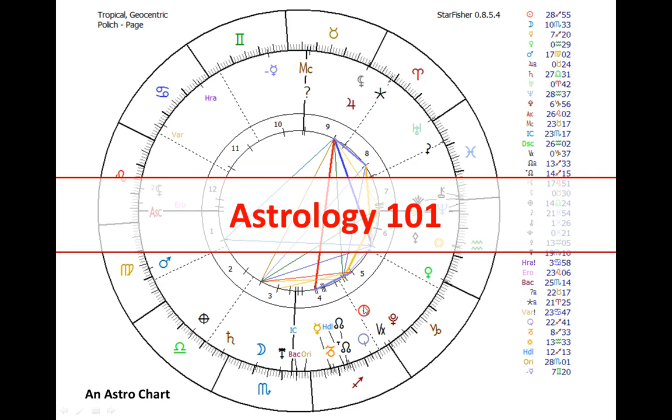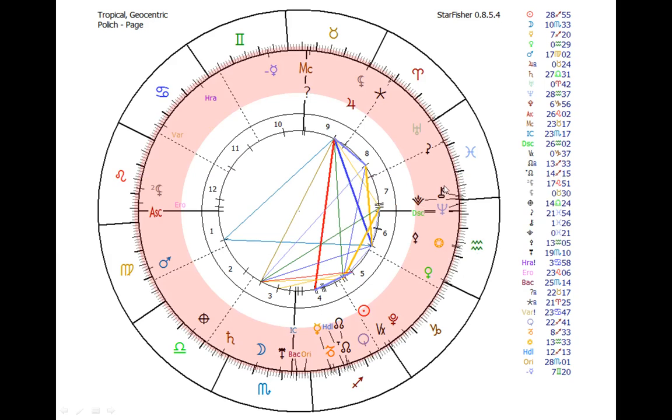Okay, all of the planets basically have meanings, so let's go ahead and talk about them. Now, this chart is a little bit more crowded than some of the ones you may be familiar with, because when I'm reading a chart, I read a lot of things besides the basic planets.